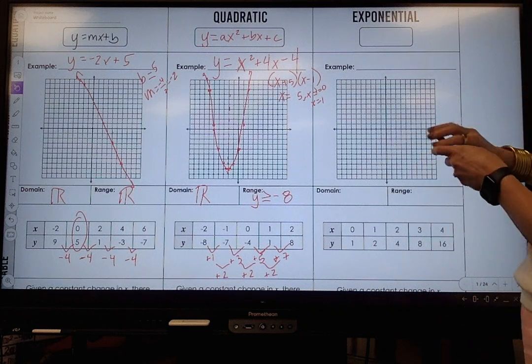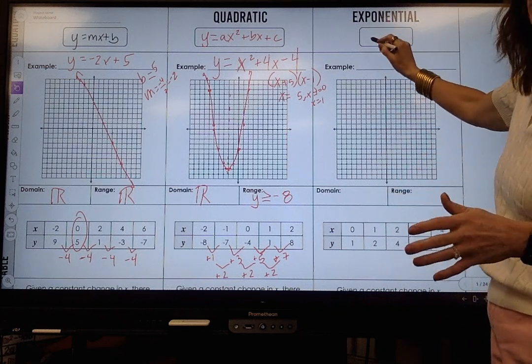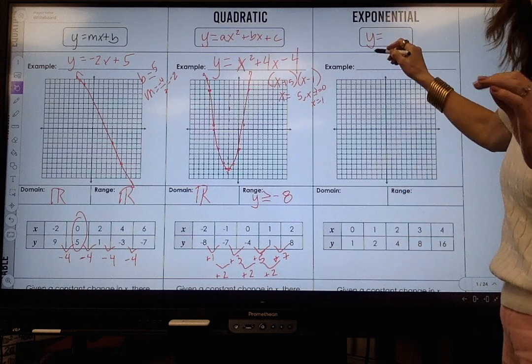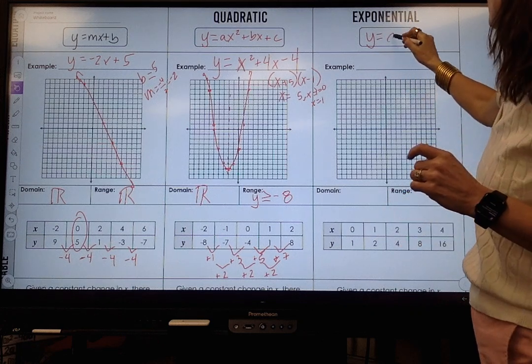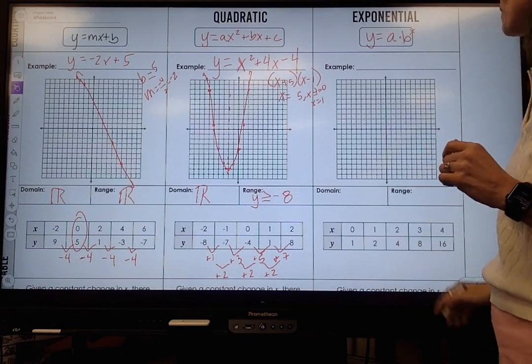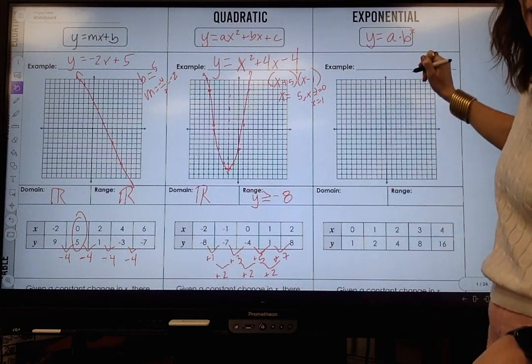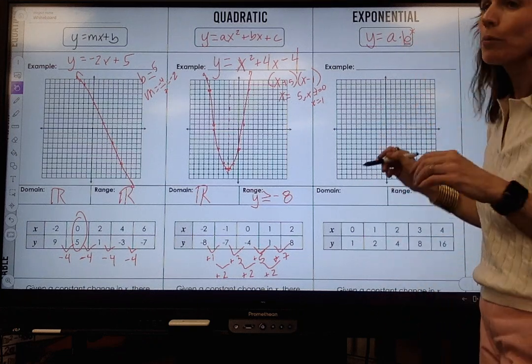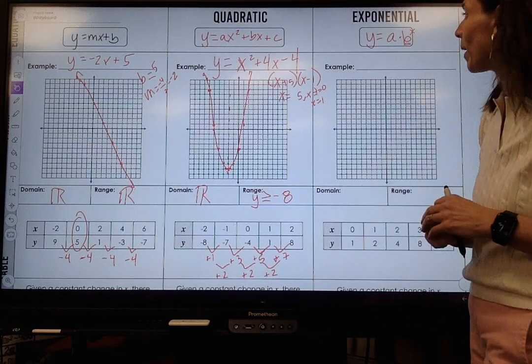Okay? Now, the one that's going to be new to us is this exponential. What the formula for an exponential graph looks like is y equals a times b to the x power. And this b right here is going to represent a common ratio, which we'll talk about.